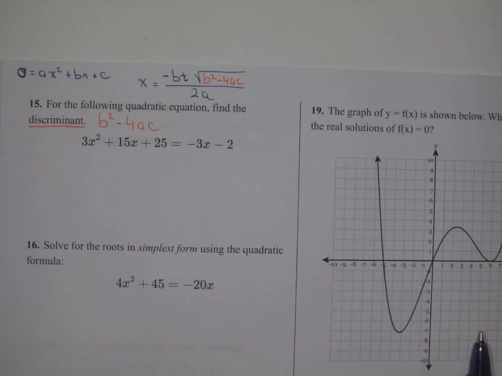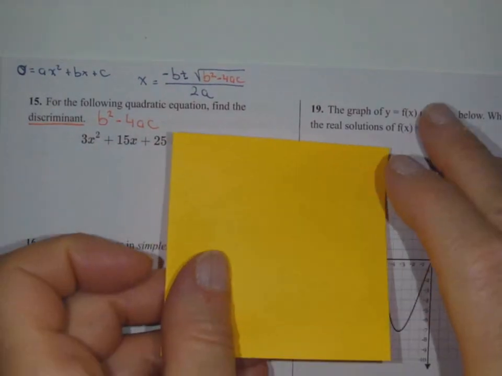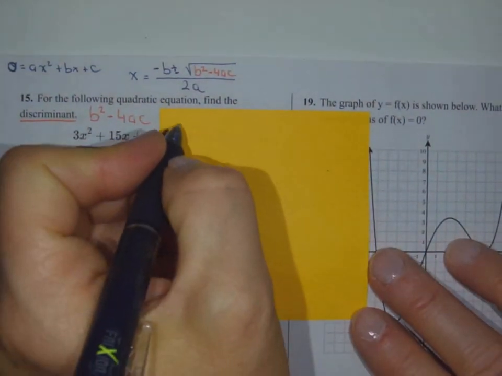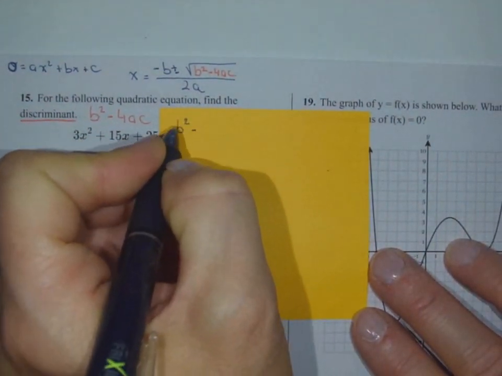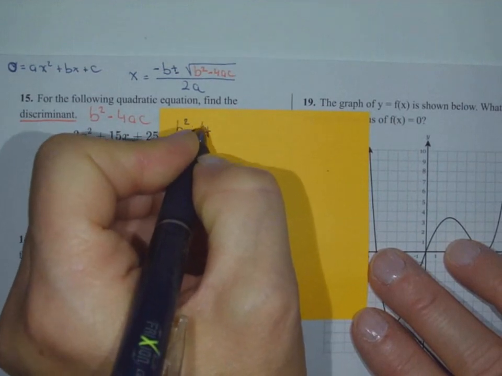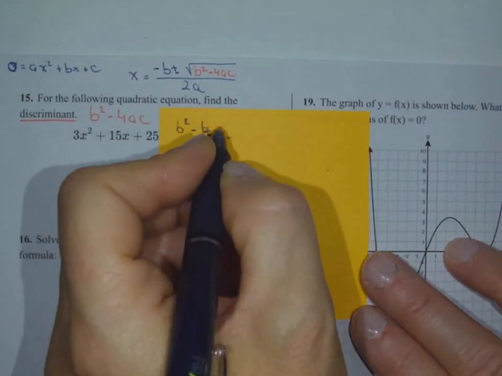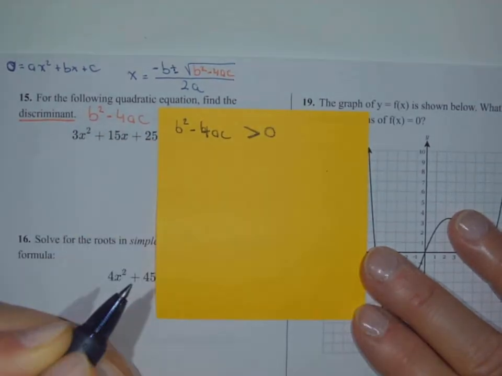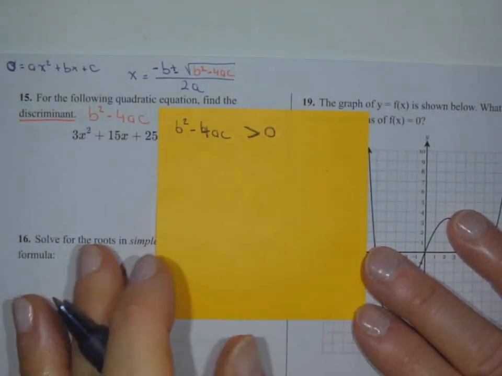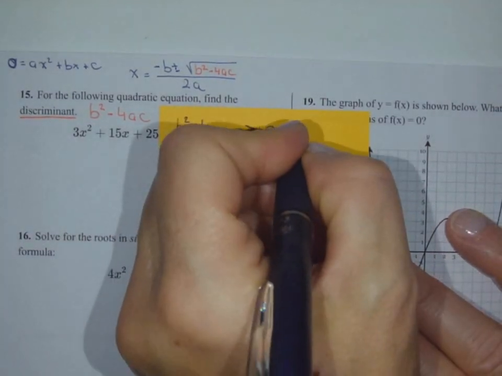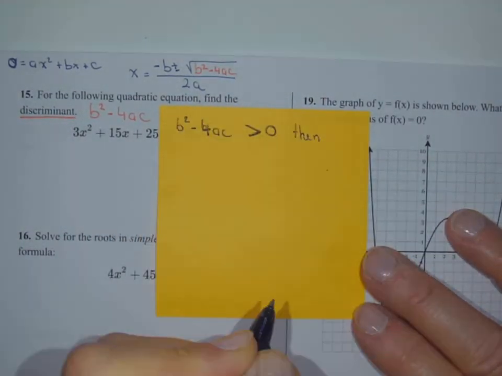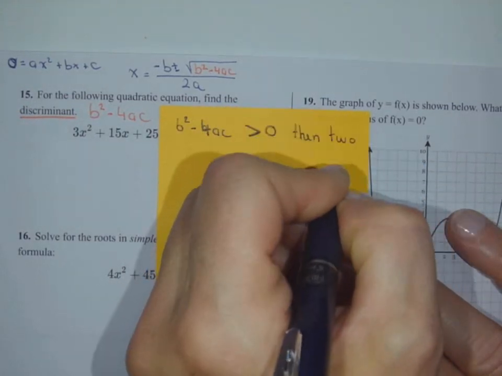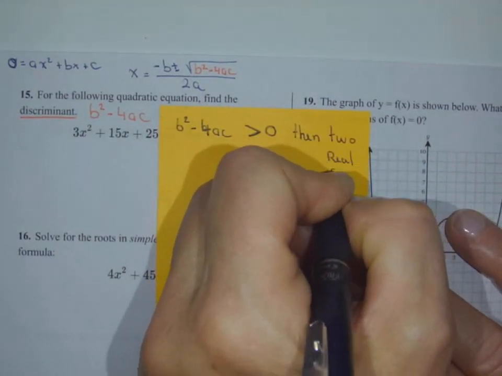So when my discriminant, b squared minus 4ac, gives me a number greater than 0, meaning a positive number, I already know for sure I'm going to have two real solutions.